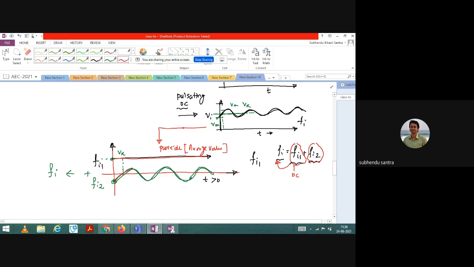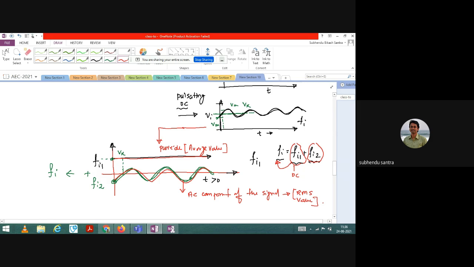That means the AC component of the signal. You see, it has frequency, it has repetition, everything is there, okay? So this is called the RMS or AC component of the signal, which you can calculate using the RMS value.